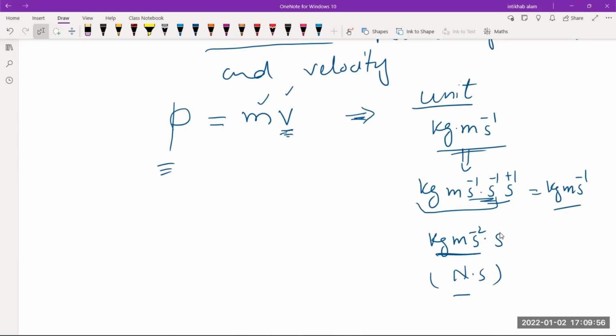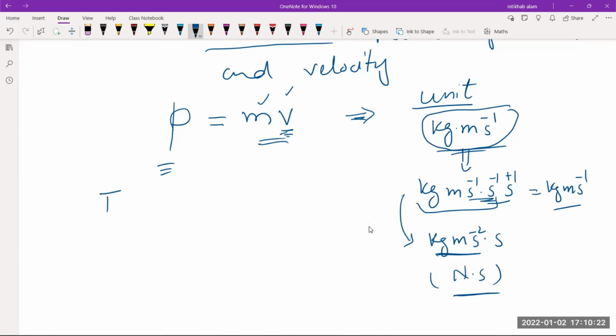So you can also write the unit for the momentum as Newton second, but the basic unit is very clear, kilogram meters per second. So this is little maneuvering which I have done, but if somewhere the unit is written Newton second, you shouldn't be worried about it. It's also the unit, it's the replacement of kilogram meters per second, but there isn't any change, it is exactly the same. This is the first thing about the momentum which we must know.